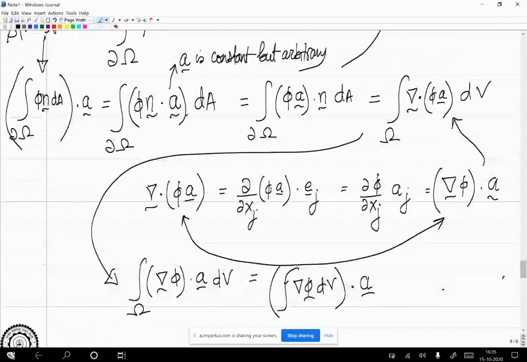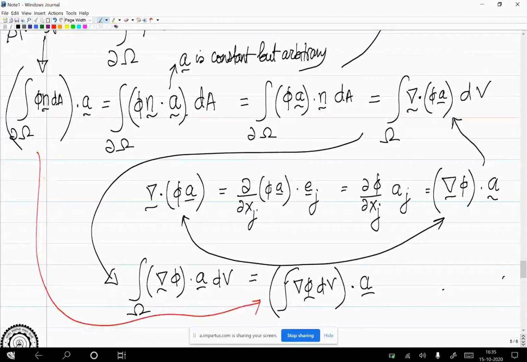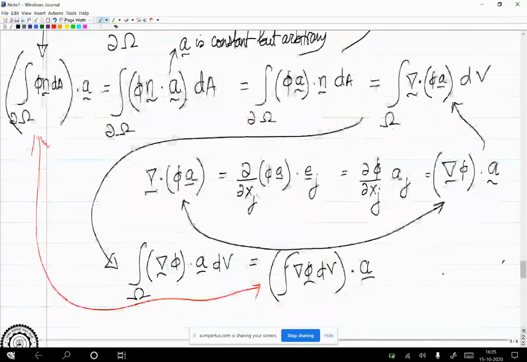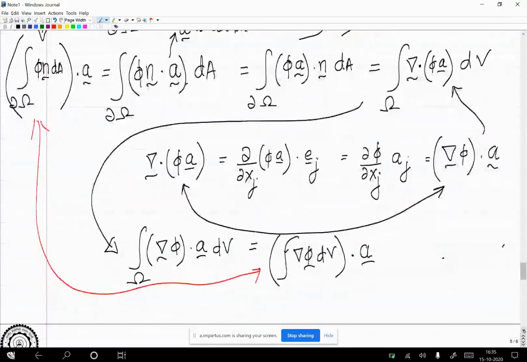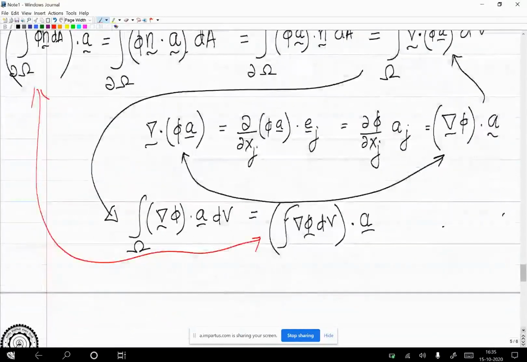Yeah. Now let us compare the first step and last step. Since A is arbitrary, what do you think? What can we write? The thing inside the bracket in the first step and last step must be the same, isn't it?